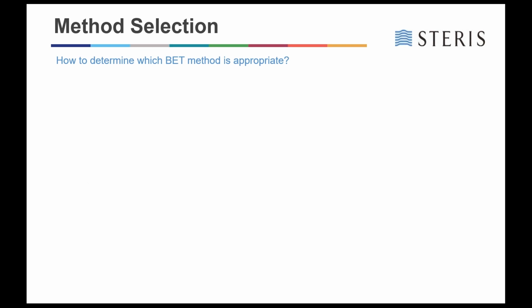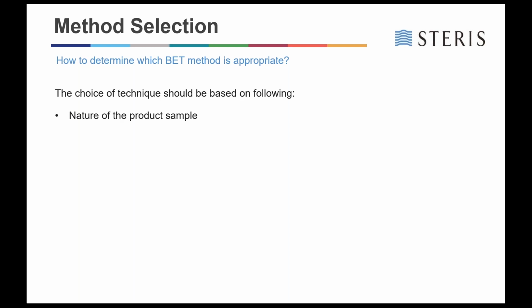All right, so if we look a little bit closer, how do we determine which BET method would be appropriate for the product that we have selected? So the choice of technique should be based on the following criteria. One would be nature of the product sample. Two would be the laboratory's capability.